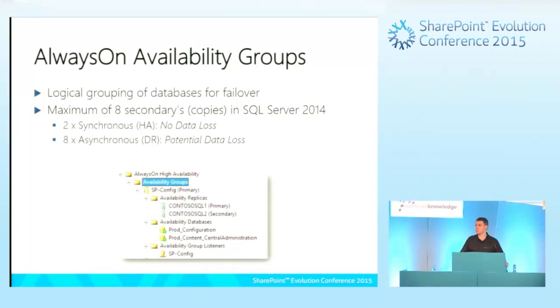So there is a small performance penalty, but the advantage is you can guarantee that both databases will be completely in sync, which is important for some specific services within SharePoint. And also, depending on the high availability requirements you've got, it can guarantee that you'll have little or no data loss. Now, asynchronous, for anybody that's used mirroring before, is what was previously known as high performance.